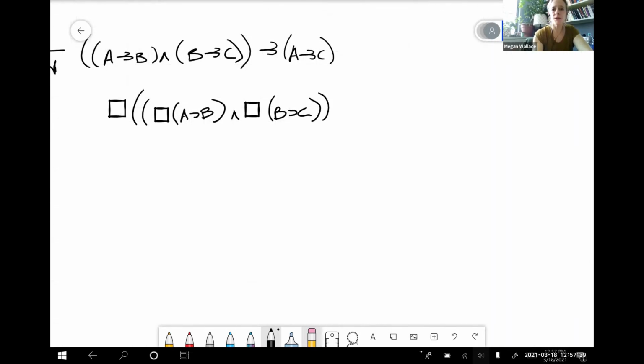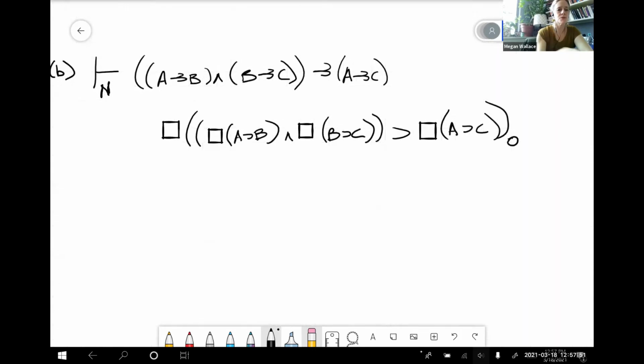Then we need the second part, which is going to be box A, then C. And all of that we are going to assume is not the case at world 0, and that's how we're going to start our tableau.